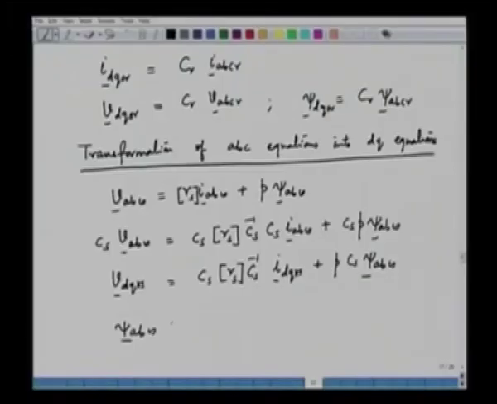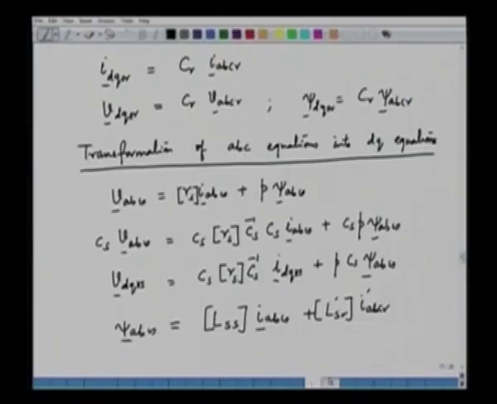So, we can write this as LSS, a matrix, into IABCS plus LSR into IABCR prime. Here we refer everything to the primary side, and hence this prime factor comes into the picture, because when the variables are referred to the primary side, they are multiplied by a suitable number of turns, and hence we have the prime variable here.